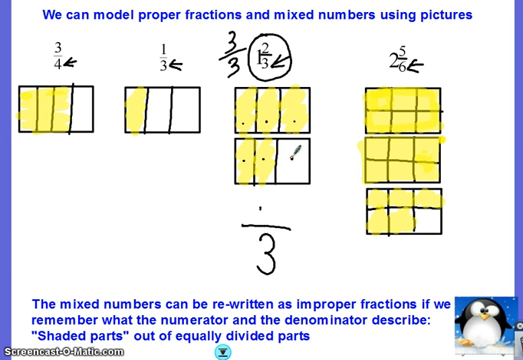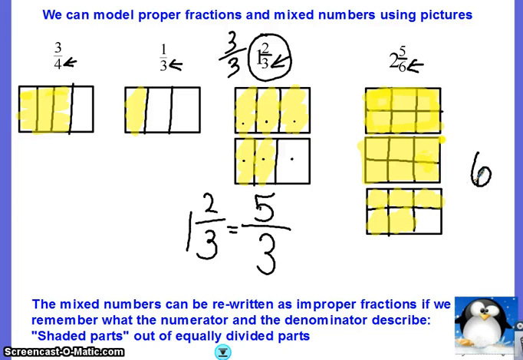We still have 3 pieces in each whole, but how many of them are shaded? 1, 2, 3, 4, 5. So 1 and 2/3 as an improper fraction is written as 5/3, and they are exactly the same thing. Over here, let's see if you can try this one on your own. Pause me, and then hit play, and you can check.